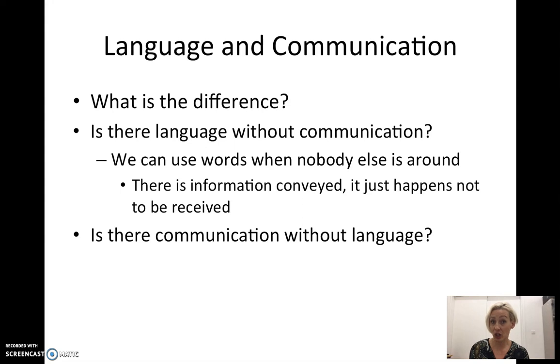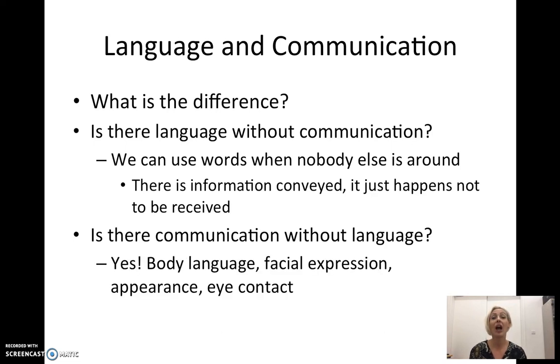Is there communication without language? Well, of course there is. There are lots of different types of non-linguistic communication. In fact, we can communicate in so many ways using body language, facial expression, appearance, eye contact.